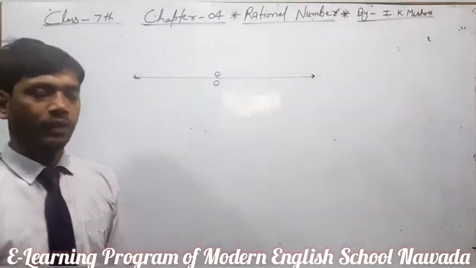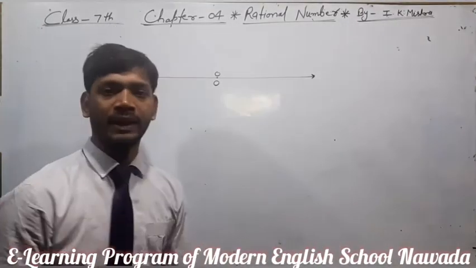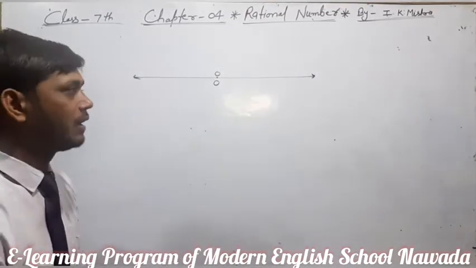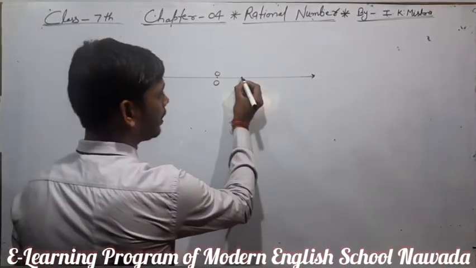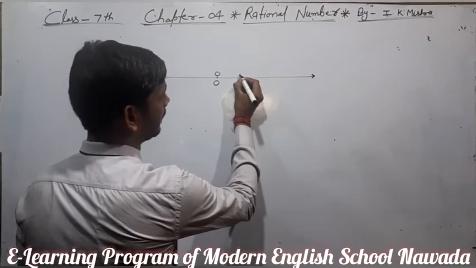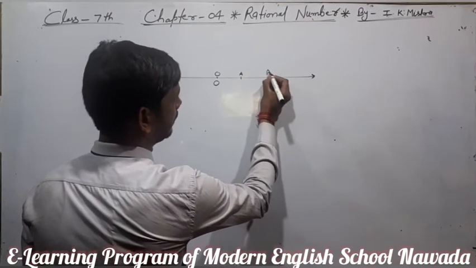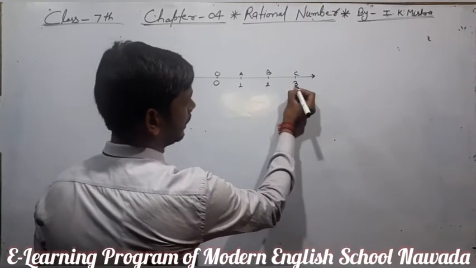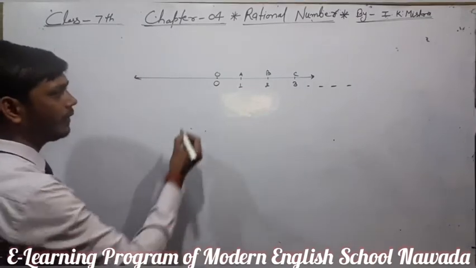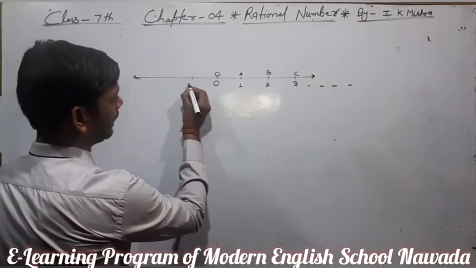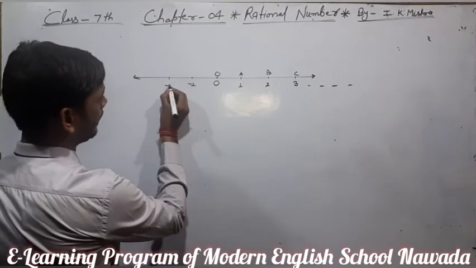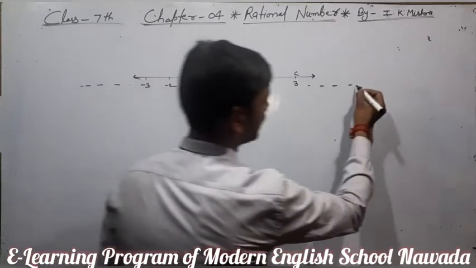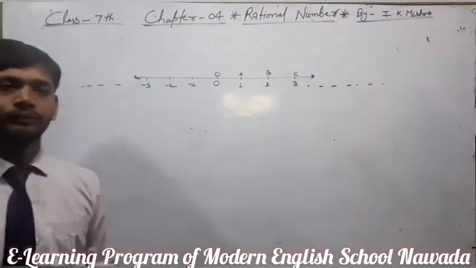You know, the right side of 0 is positive integers and the left side of 0 is negative integers. Take equal distances and mark points A, B, C, that means 1, 2, 3 and so on. On the left side, -1, -2, -3. This is the representation of integers.